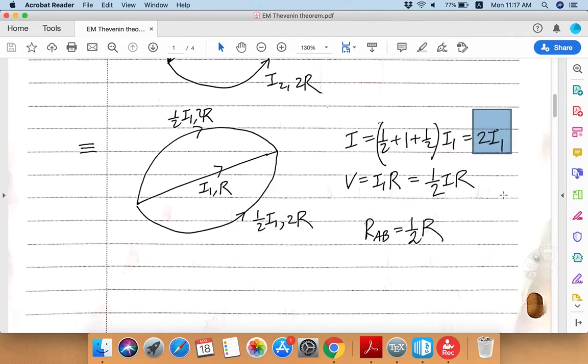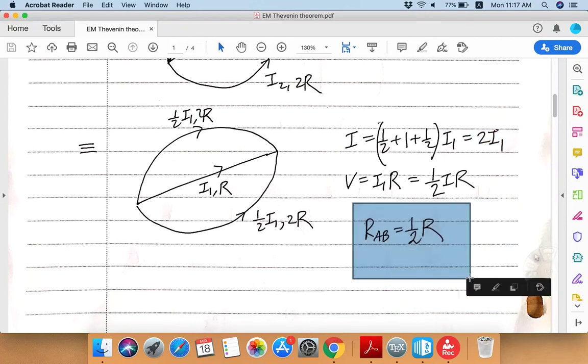And after solving some obvious relations, you come to the conclusion that the effective resistance between A and B points of a tetrahedron is half of the single resistance value.